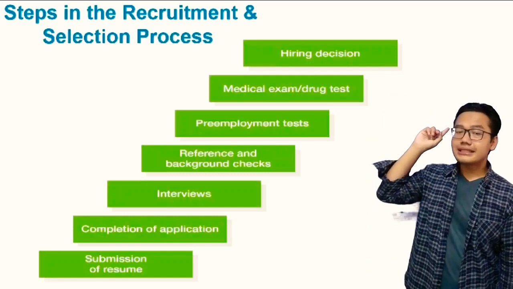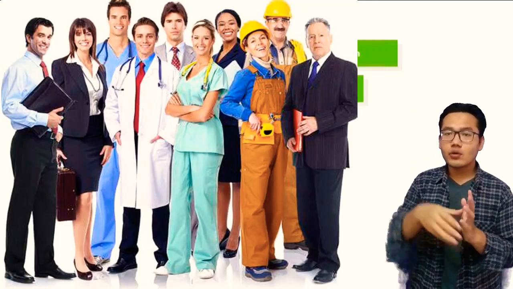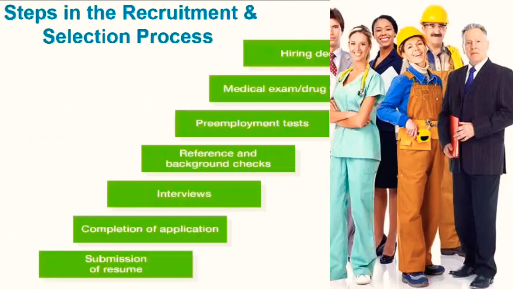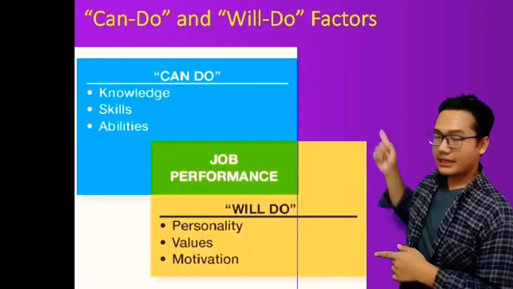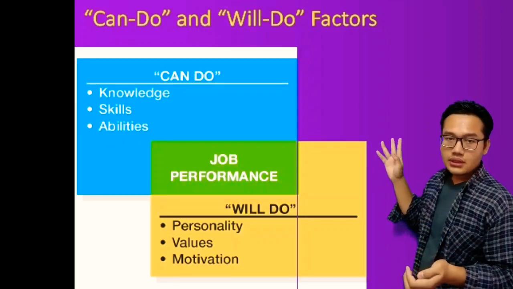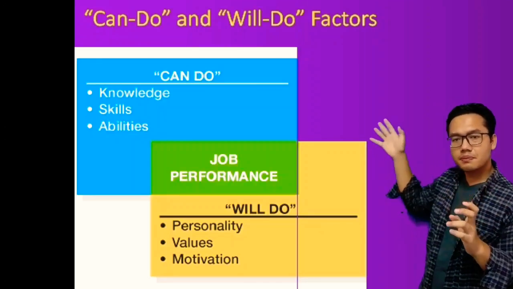And the last one is the hiring decision. The strategy used to make a personnel decision for one type of job will be different from one to another. But you can look at the can-do and will-do factors. So what are the can-do and will-do factors? These factors can disturb job performance.